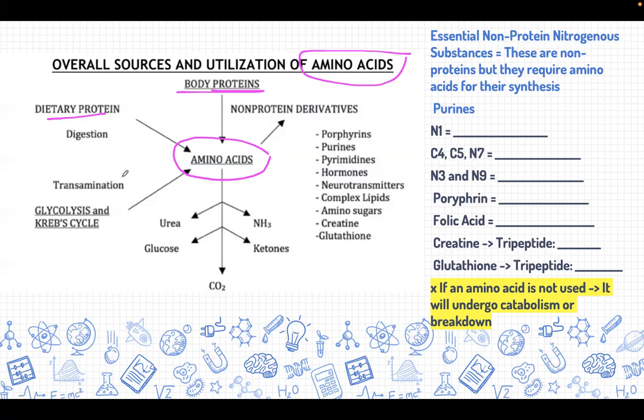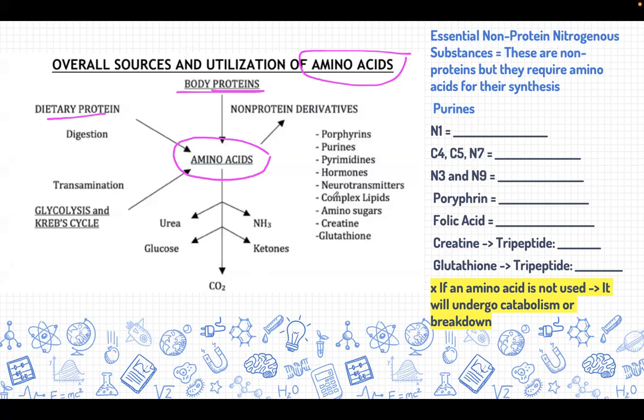Essential non-protein nitrogenous substances, these are non-proteins, but they require amino acids for their synthesis. Again, yung nandito sa right side, yung non-protein derivatives, these are essential non-protein nitrogenous substances. These are non-proteins, all of them, but they require amino acids for their synthesis.